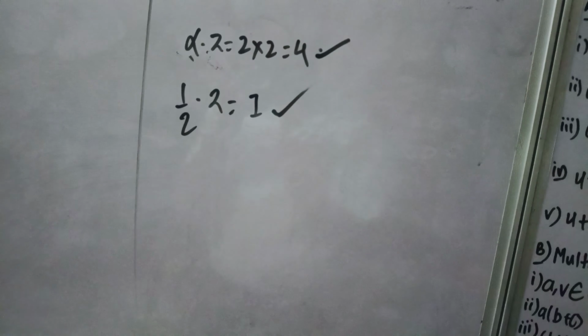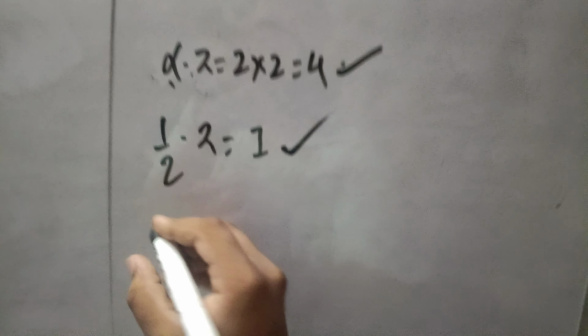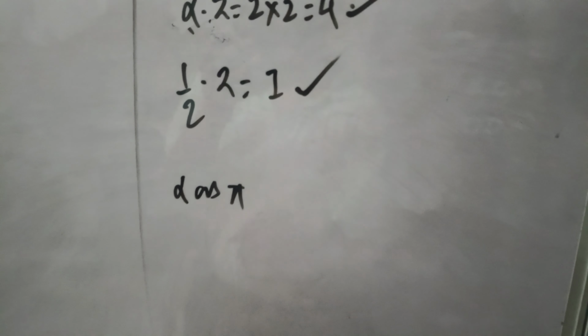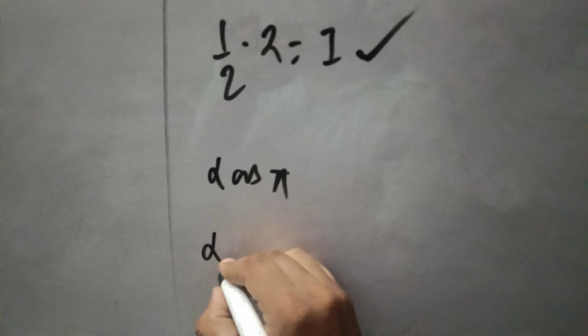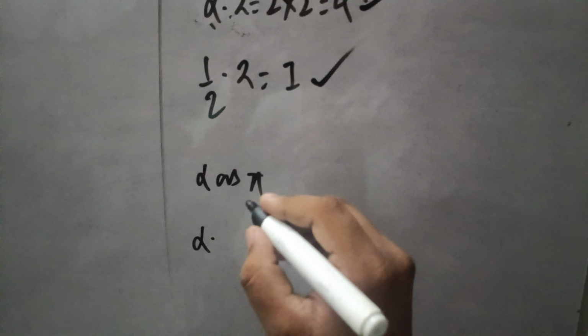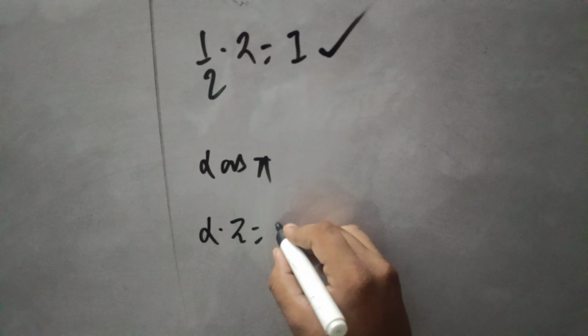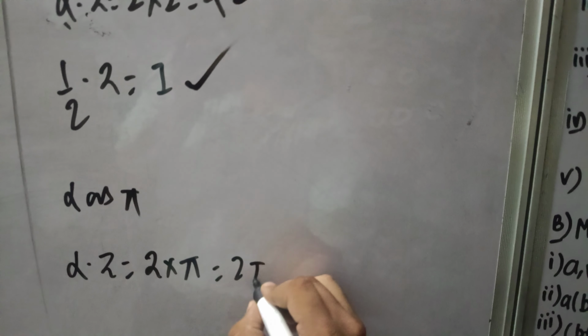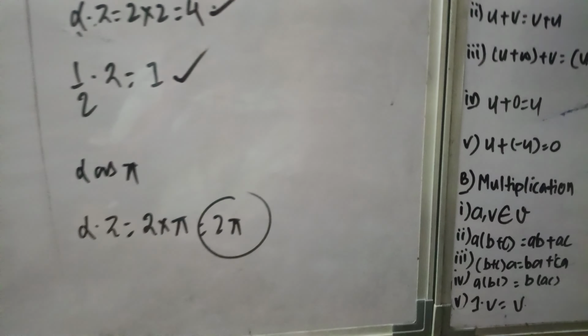But things will change when we take alpha as pi. When we multiply alpha, which is pi, with z, we will get 2 times pi, which is 2 pi. Now things get interesting.